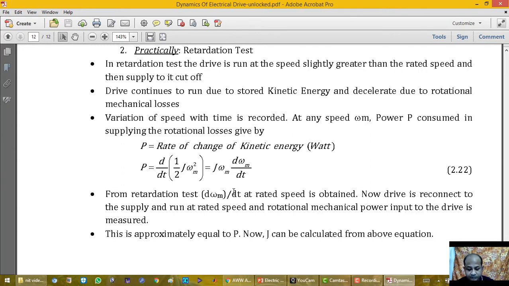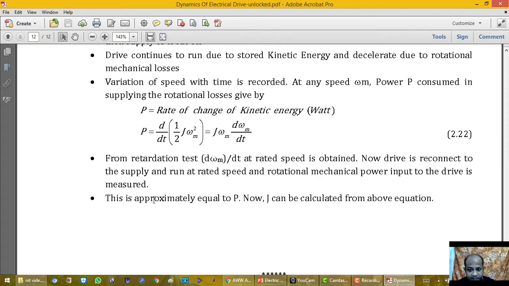Now what we will do is again connect that system to the supply, run the motor at rated speed, and determine the rotational mechanical power input to the drive. So now we know P, we know omega m, we know d omega m/dt, so we can approximately calculate that.